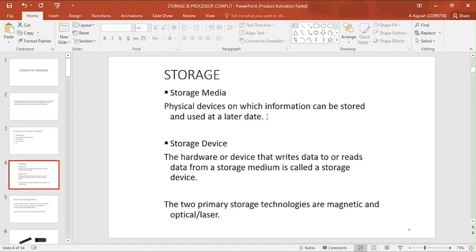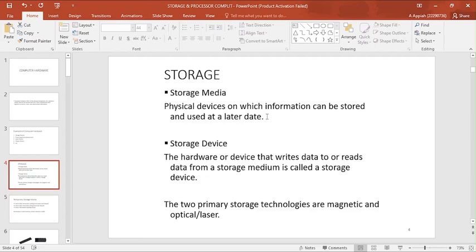Now, when we talk about storage, we can think of two terminologies there, which is the storage media or the storage medium. When we say media, it's a plural form of medium. Singular is medium, plural is media. So when we say storage media, what are we looking at?